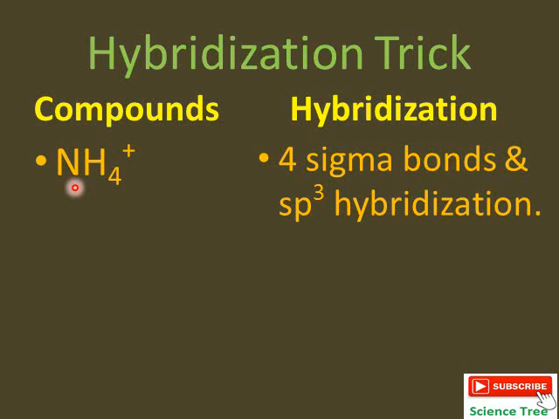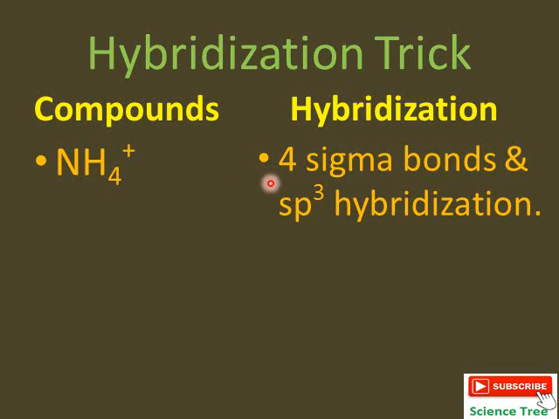Here nitrogen belongs to group number 15. So it has 5 electrons in its outermost shell. And the positive one indicates that I have to remove 1 electron. So out of 5, if I remove 1 electron, it is going to be 4. So now my central atom nitrogen has 4 electrons. These 4 electrons are forming 4 bonds with hydrogen, as there are 4 hydrogen atoms present in NH4 positive.